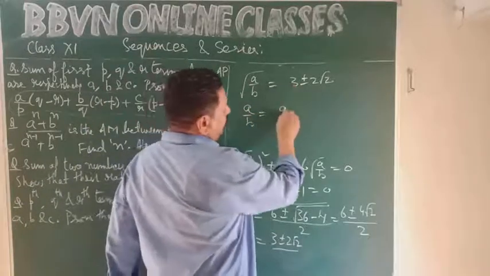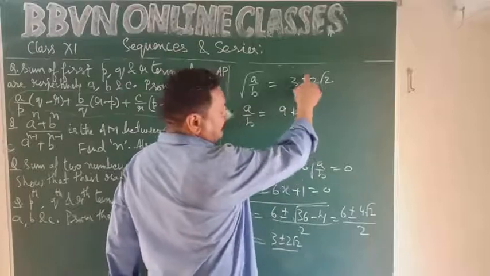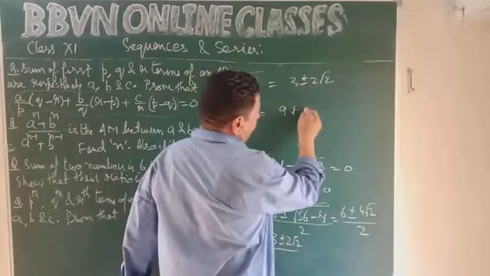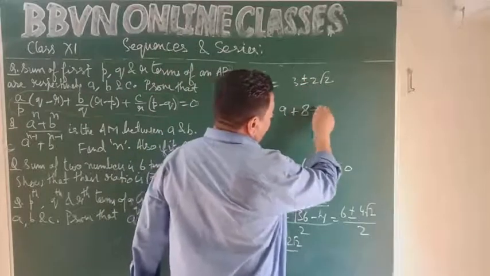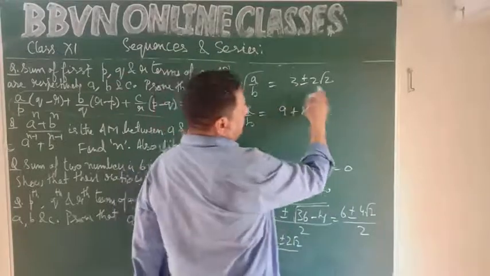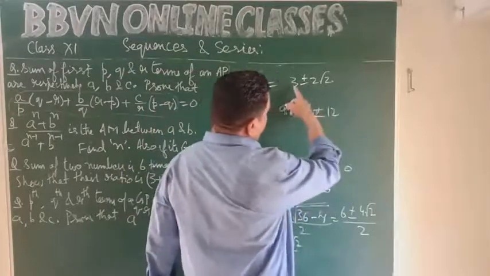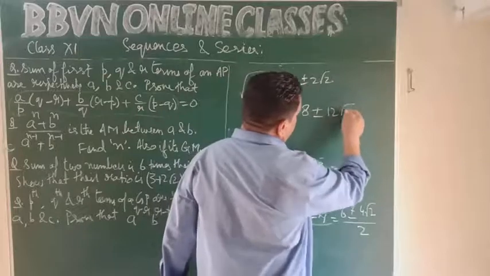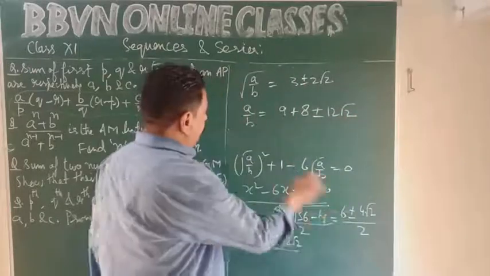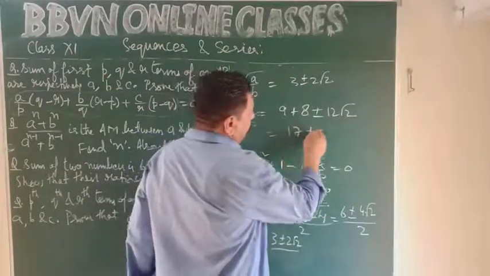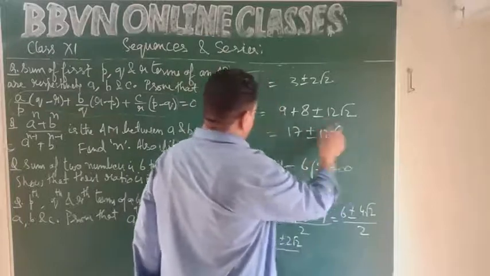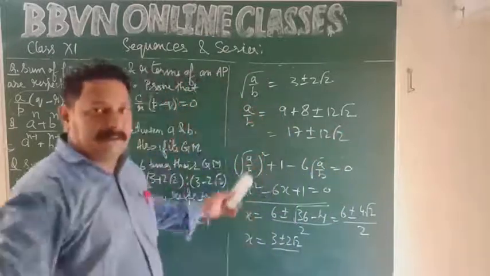So a square plus b square, 8, plus or minus 2ab. Now this becomes 17 plus or minus 12 root 2. What are a and b? a and b are the two numbers.